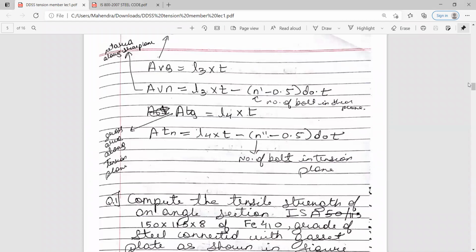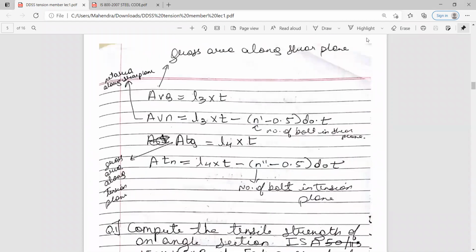Now, gross area along the shear plane is AVG. The formula to calculate AVG is L3 into T, and the formula for AVN is L3 into T minus N dash minus 0.5 into D0 into T. N dash is the number of bolts in the shear plane; in the last diagram it is 3.